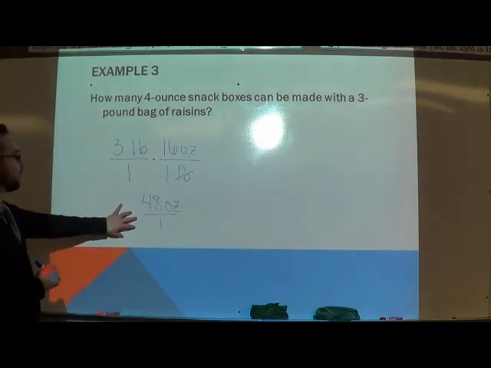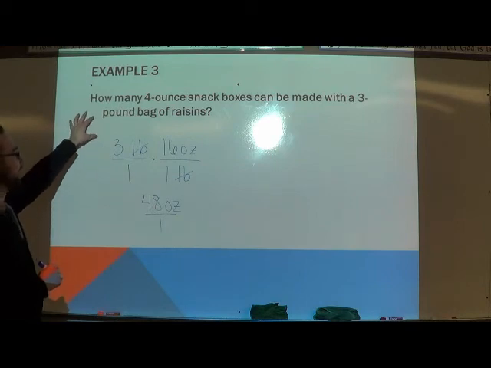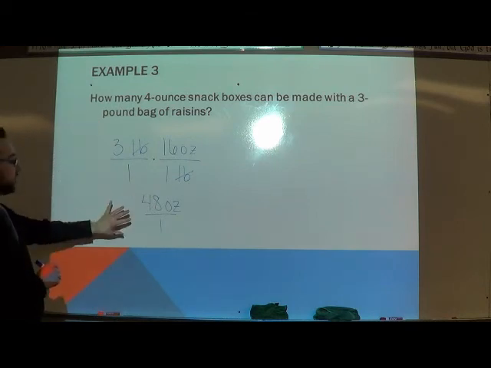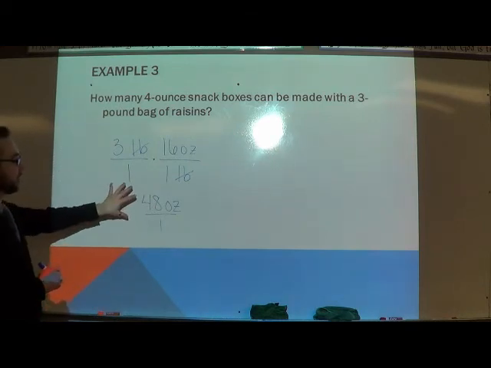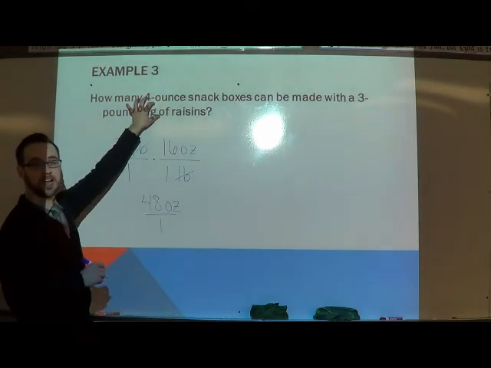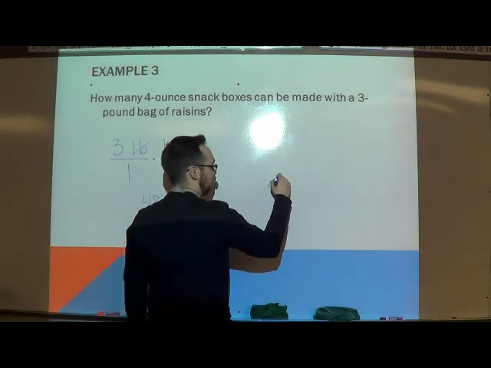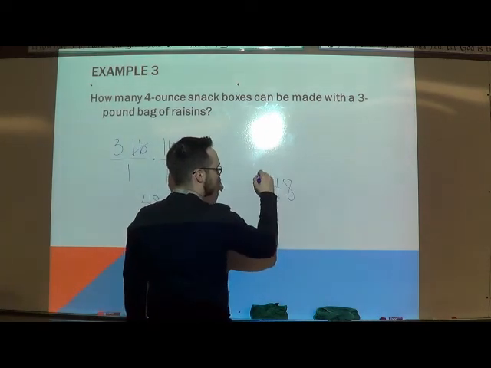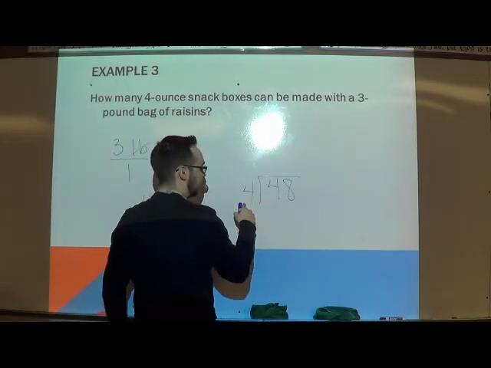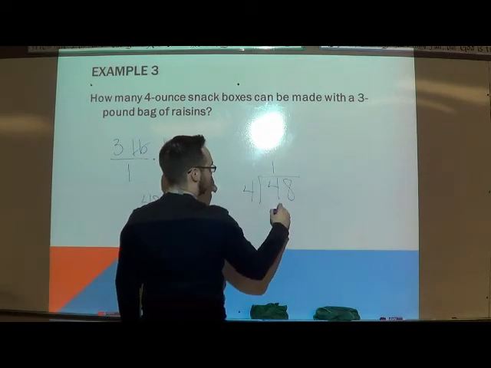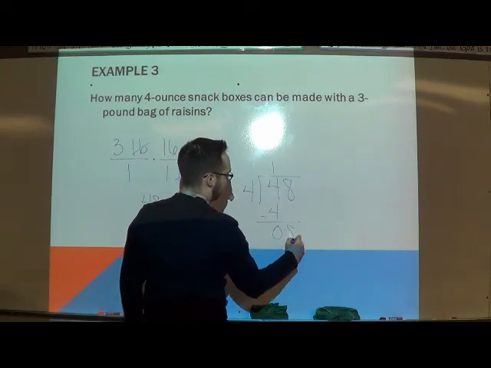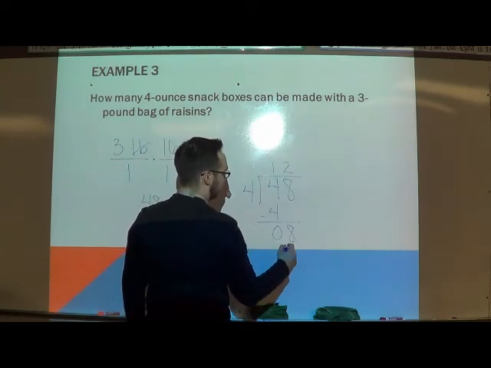So now I'm saying, okay, now how many of those 4-ounce boxes can I make? So this isn't just a conversion, it's a conversion and then a division, because I want to say how many 4-ounce boxes go into that 48 ounces. So then I have to divide that. 48 divided by 4. How many of those can I get? Goes in there once, subtract, bring down the 8, goes in there twice.